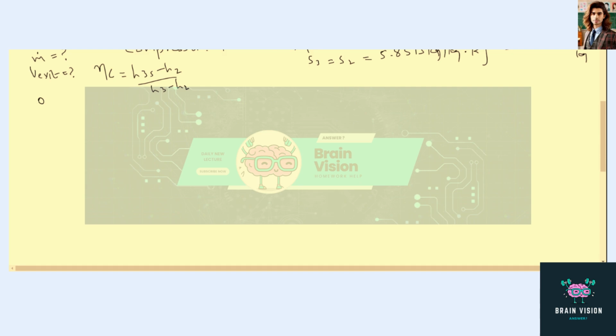Putting the values, 0.83 is equal to 534.42 minus 284.93 divided by H3 minus 284.93. So from here we solve for H3, and the H3 value comes out to be 585.52 kilojoule per kg.